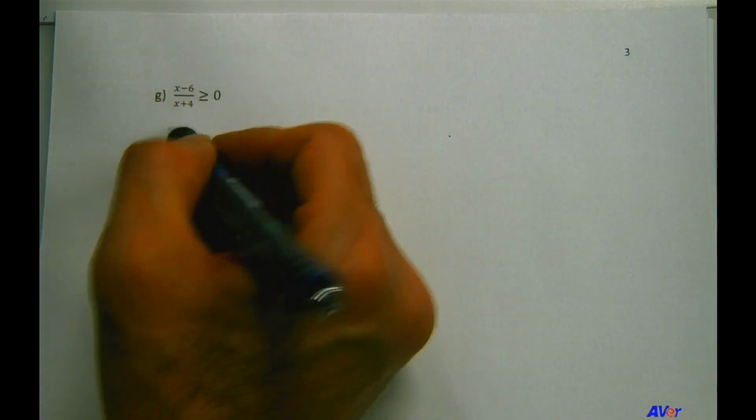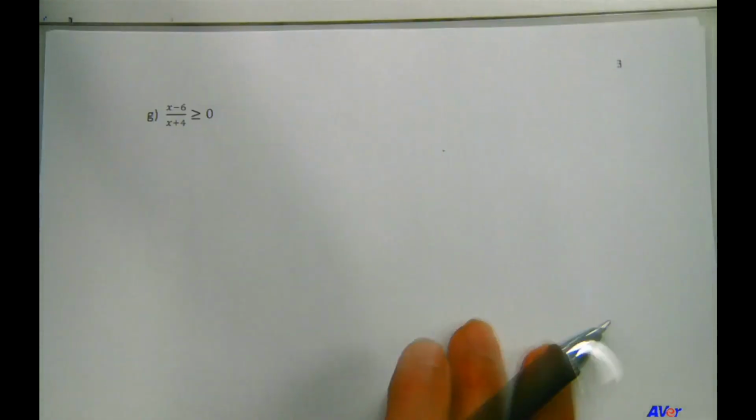Because in these two examples that you saw, the boundary solutions were any number that made the expression equal to 0, right? So here, the boundary solutions are two types. One, the same thing. One is any value that would make this expression equal to 0. That's a boundary solution. But the other boundary solution is any value that would make this fraction undefined. That value would be anything that would make the denominator equal to 0. So let me write that down.